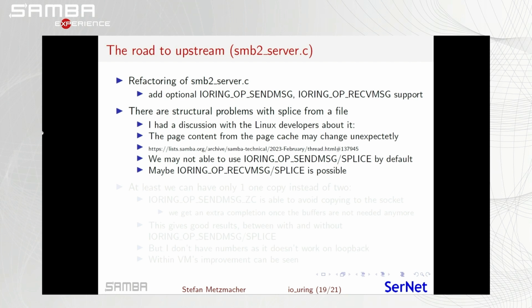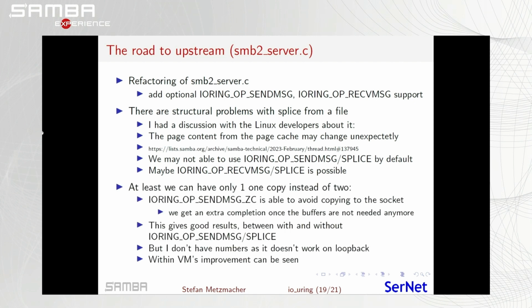But the good thing is that for the receive message side there shouldn't be such problems, because once we get the pages from the network layer, we are sure we are the only owner of those pages, and then we can make sure that they are not modified on the way to the file system.